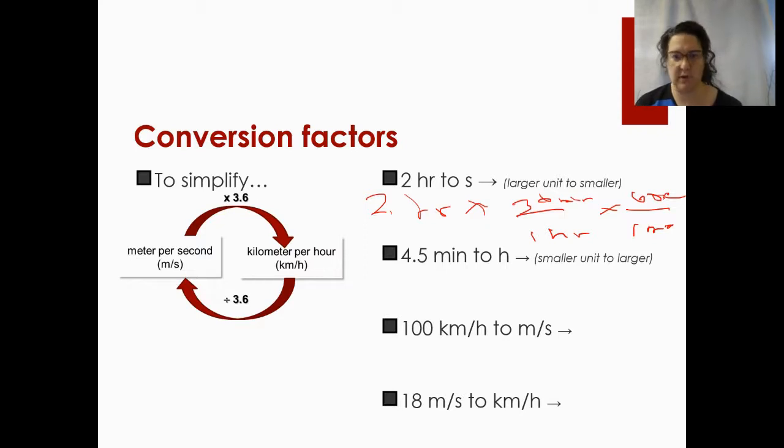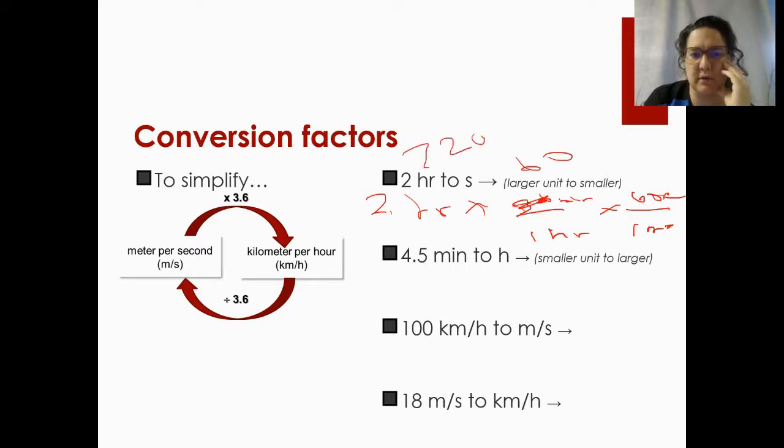So I'm going to go 2 times 60 times 60 is 7,200. So this one here, I was thinking still about the conversion, so that's going to be 60. And so 2 hours to seconds is 7,200 seconds.